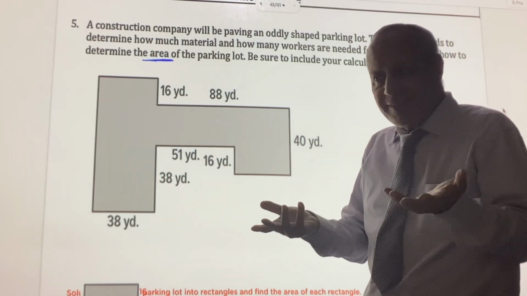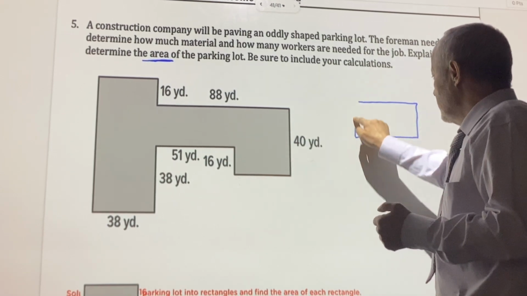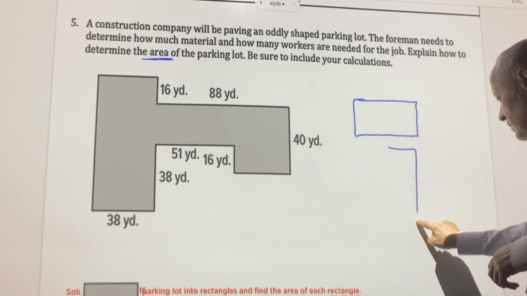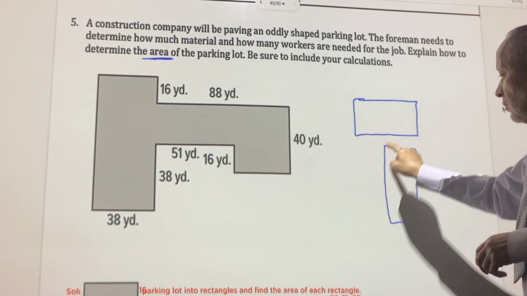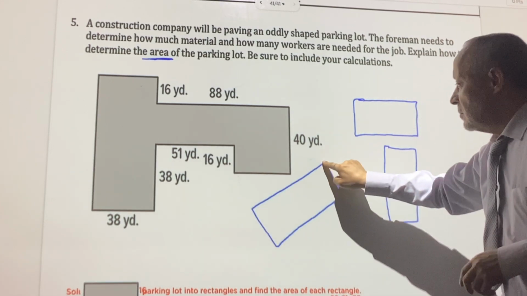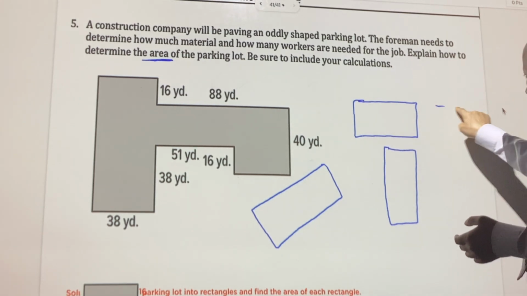You're wrong. Because a rectangle is like this. Or like this. Or like this. Well, it's not like that. We call it a square?